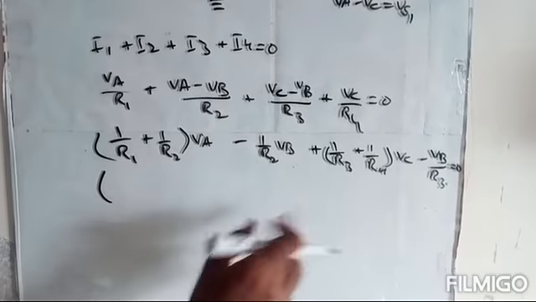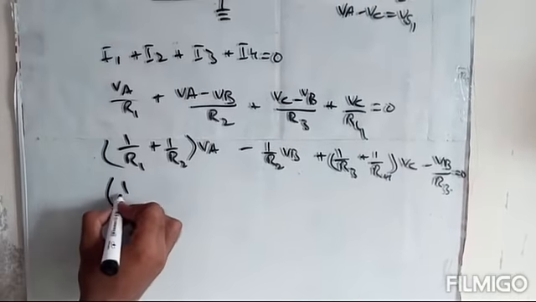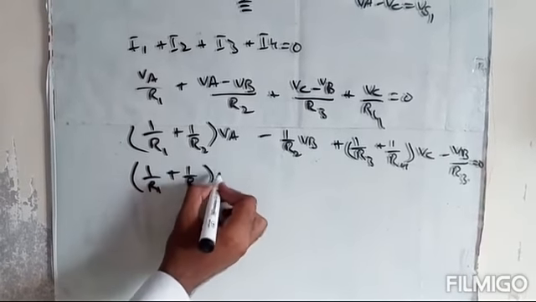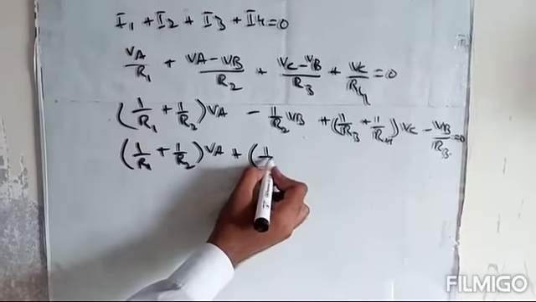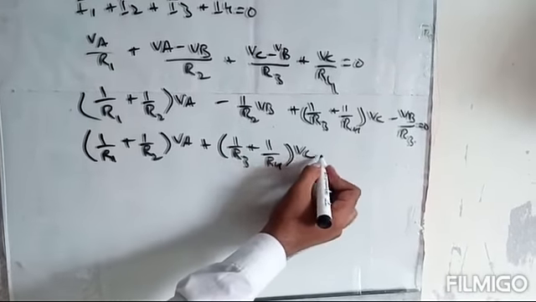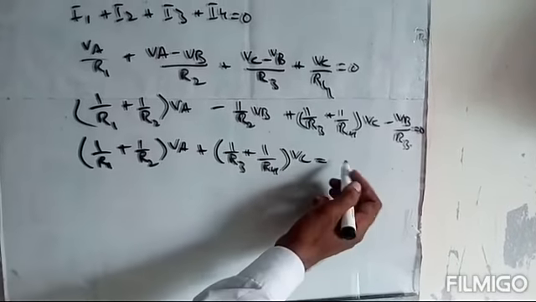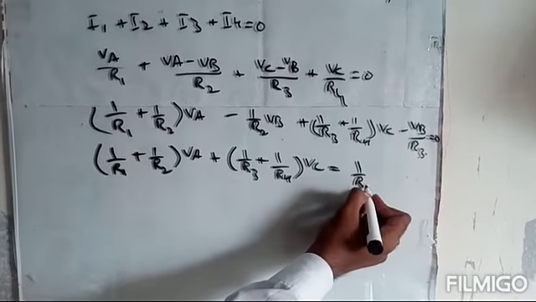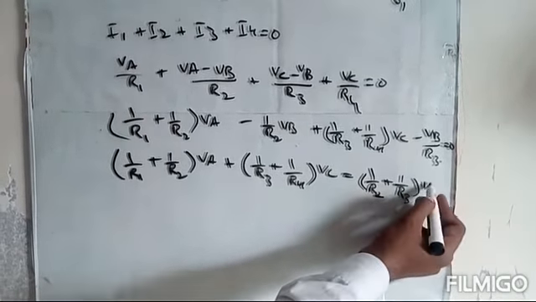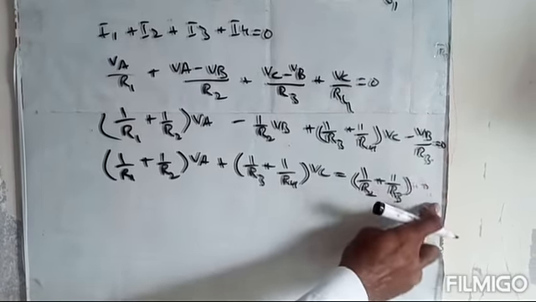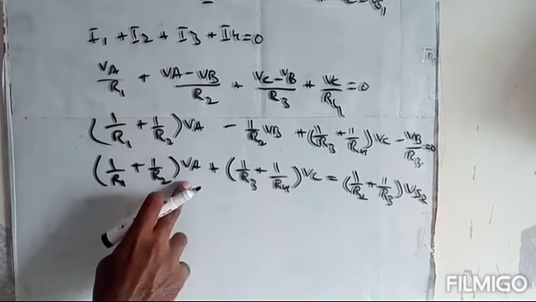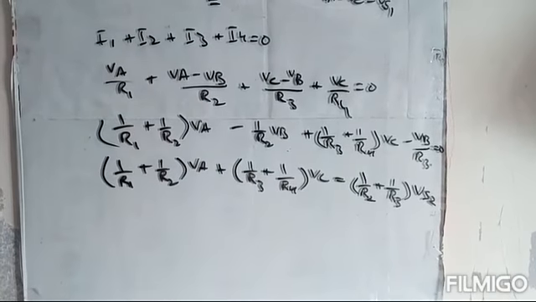So we will take VB on the other side because VB is known and VA and VC are unknown. So 1 over R1 plus 1 over R2 into VA plus 1 over R3 plus 1 over R4 into VC is equal to, these negative terms will become positive on the other side, 1 over R2 plus 1 over R3 multiplied by VB. VB is known, we can replace it with Vs2, and VC minus VA is equal to Vs1.